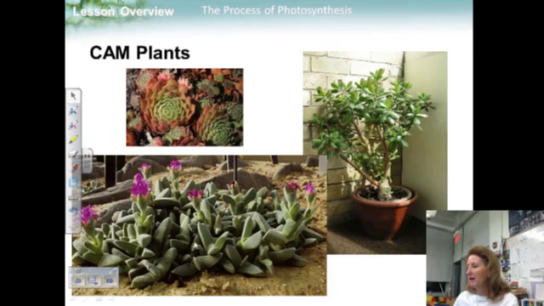CAM plants admit air into the leaves only at night, where carbon dioxide is combined with existing molecules to produce organic acids, trapping the carbon within the leaves. Then during the daytime, when the leaves are tightly sealed to prevent water loss, these compounds release the carbon dioxide, enabling carbohydrate production. CAM plants include pineapples and many desert cacti and ice plants too.